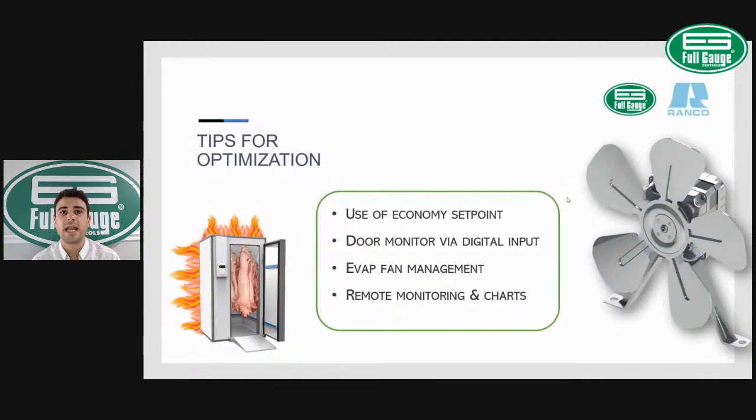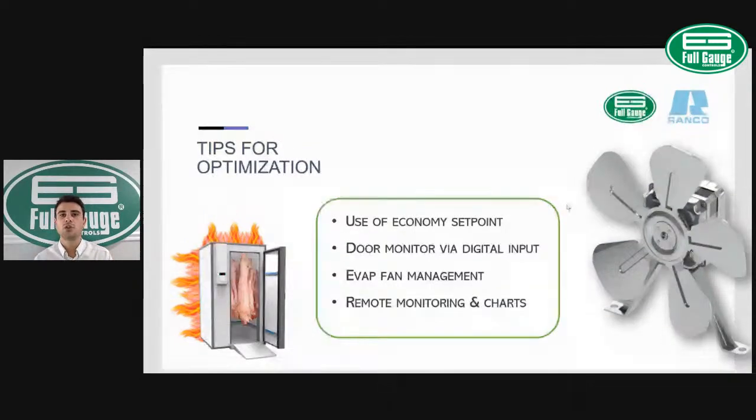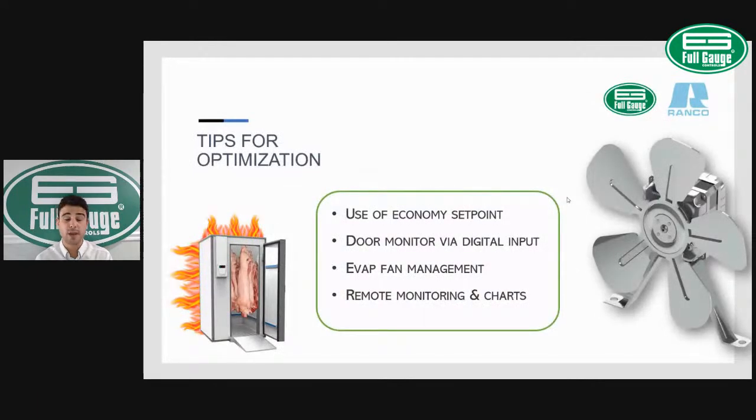But with that fan relay output, you can cycle the fan while the compressor is on and off, using that thermal mass in the coil and transferring it to the room, as well as providing a uniform temperature within the refrigerated space during the compressor off cycles.